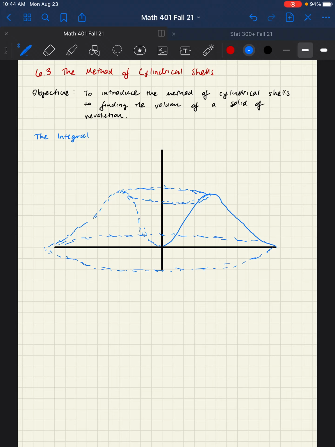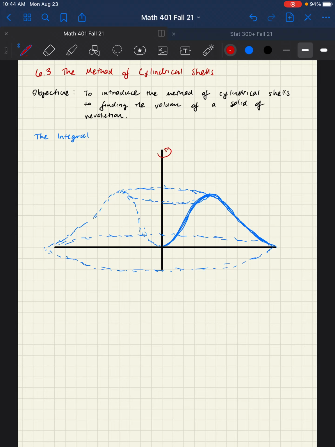It's to find the volume of a solid of revolution. To illustrate how we set up the integral, I have a sample function curve that we're going to rotate about the y-axis. What I'm highlighting right now is the actual curve that's going to bound a region in the first quadrant.